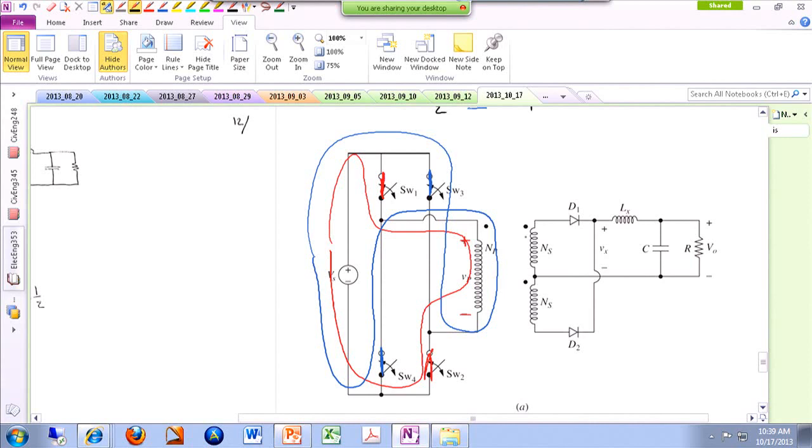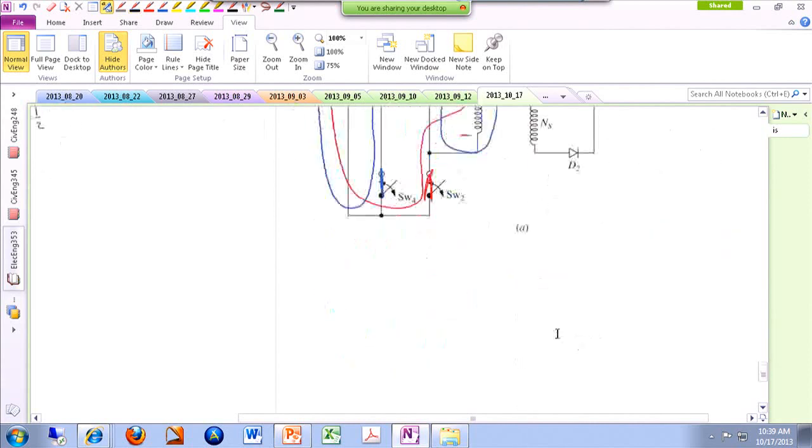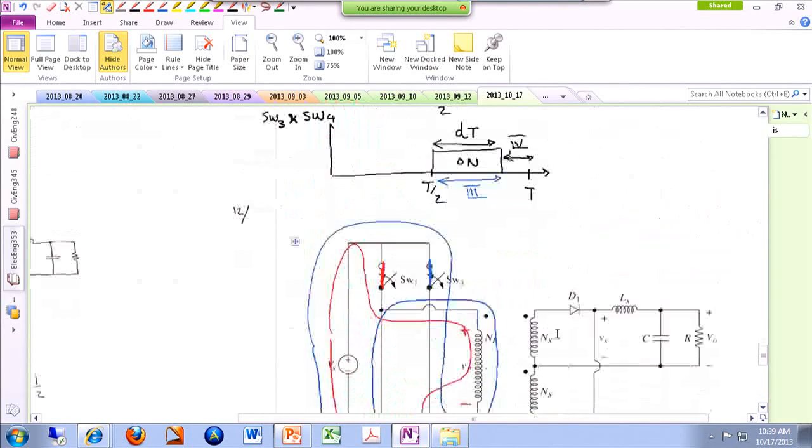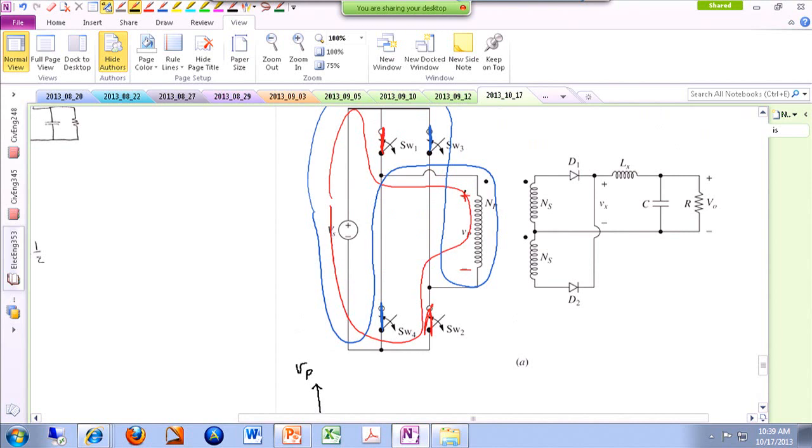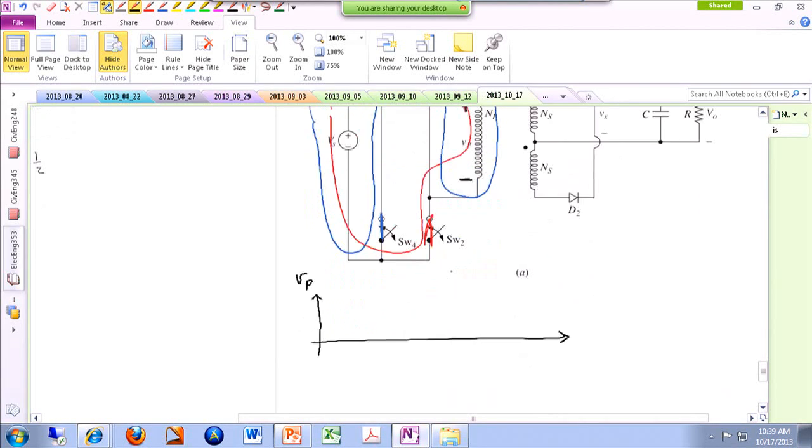All right. So if you look at this switching pattern that I drew up here, so if you look at V primary, the primary side voltage, which is this voltage from here to here. In the first mode, it is Vn. In the second mode, it is 0 because both of the diodes on the output side are on, and that shorts the secondary loop, therefore everything is 0.